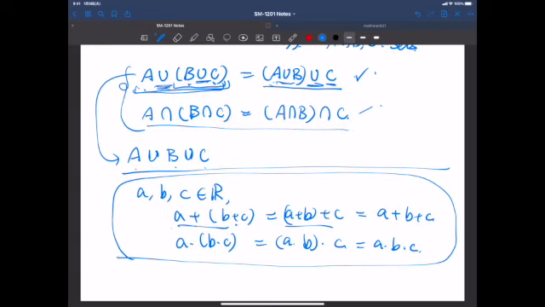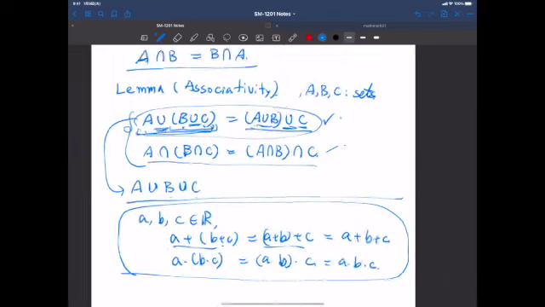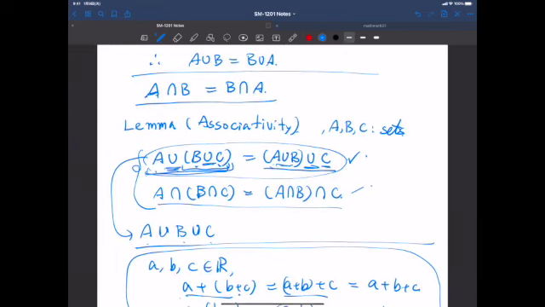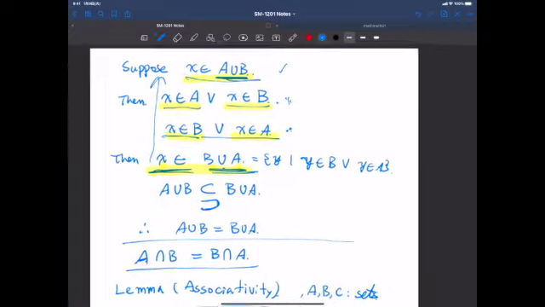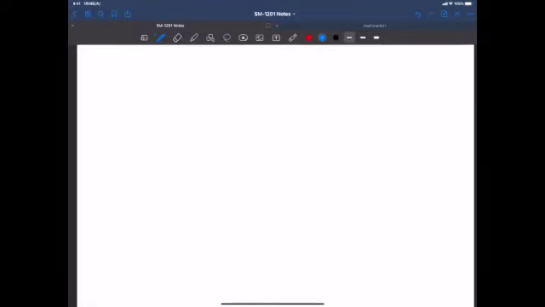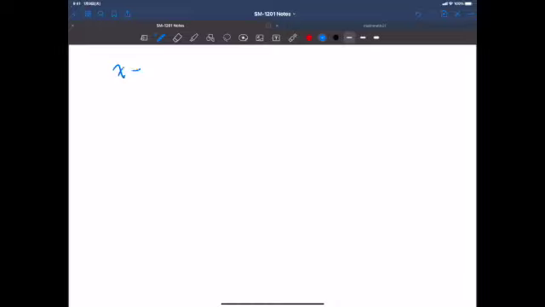And the proof of this is very similar to the previous proof. So first we assume X belongs to this. Then from this, we prove that X belongs to this.